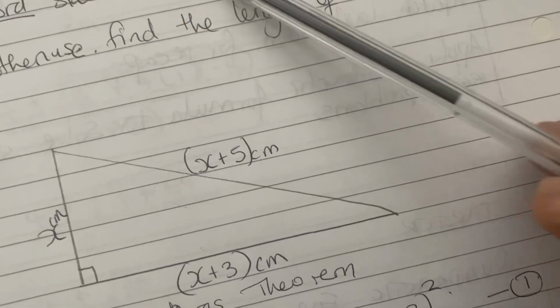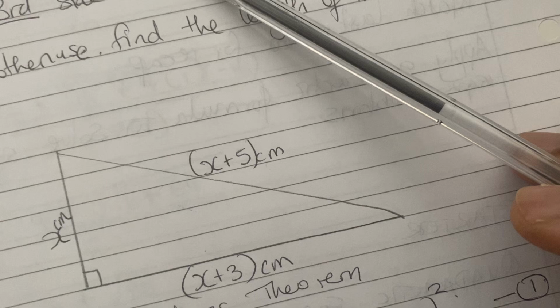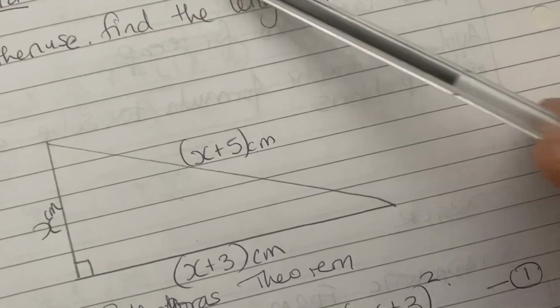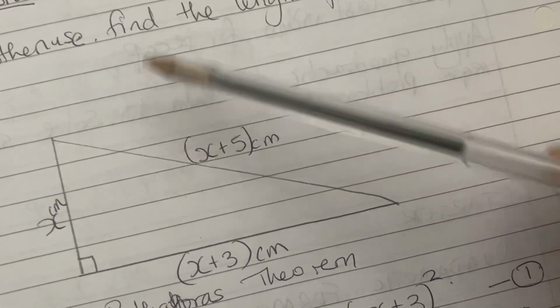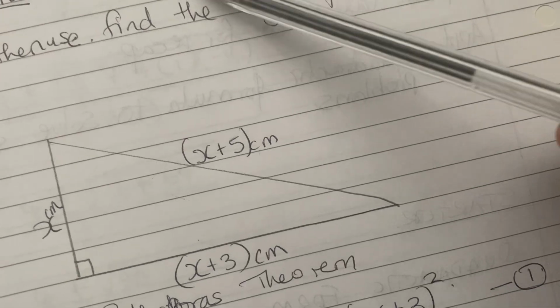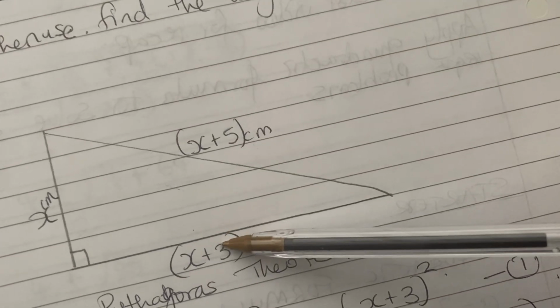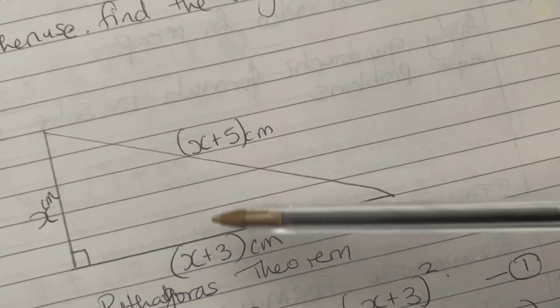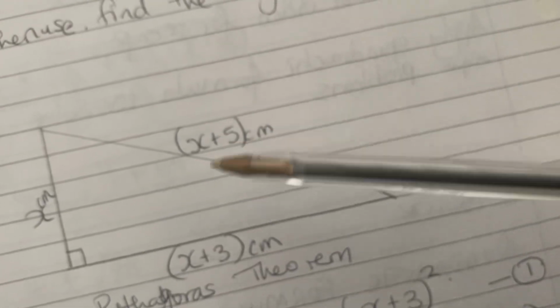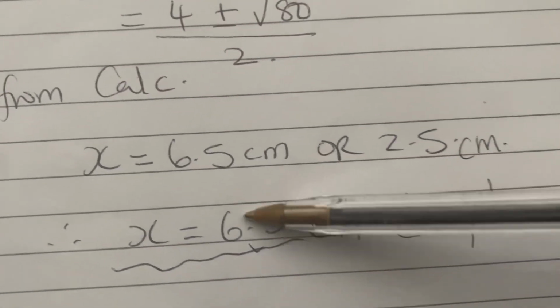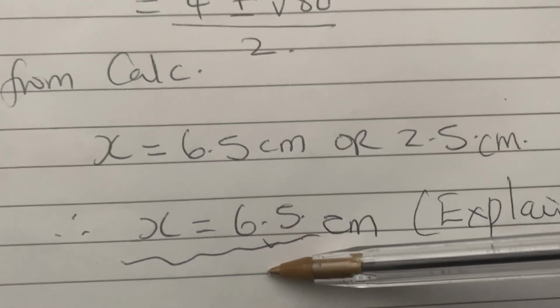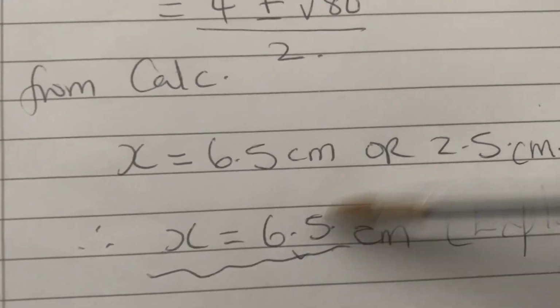So if you choose 2.5, by the time you take your 2.5 off, you don't have the 2 centimeters shorter. You realize that it doesn't really make sense. So here, you rather go with the 6.5 centimeters. Look at the diagram again that we have here.